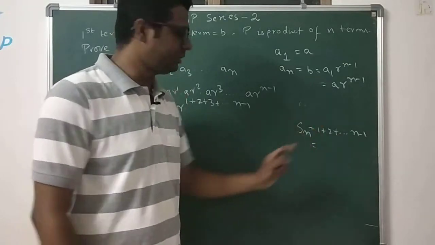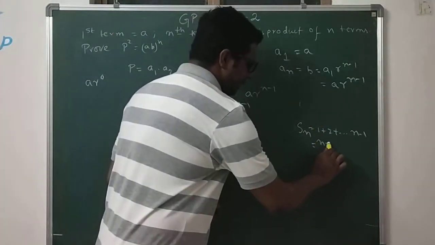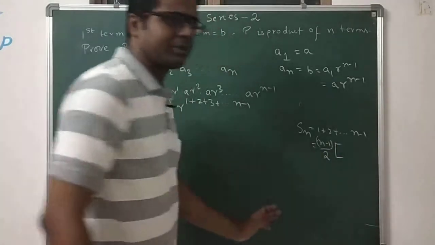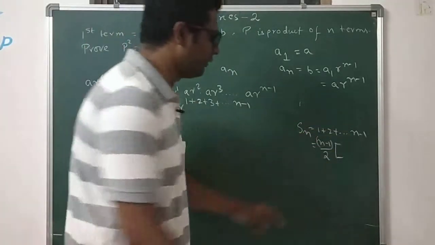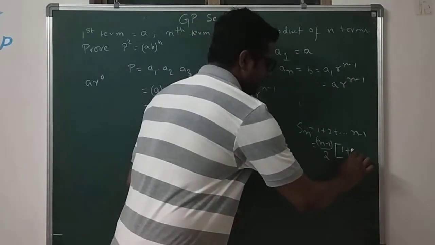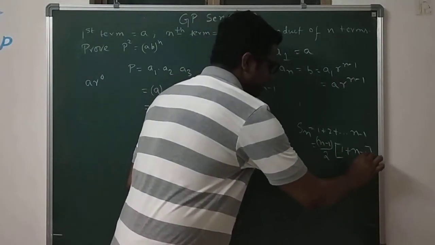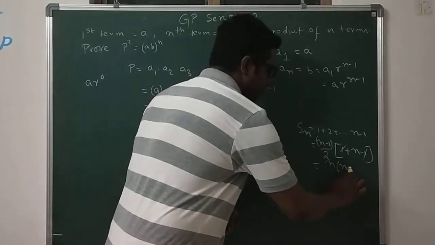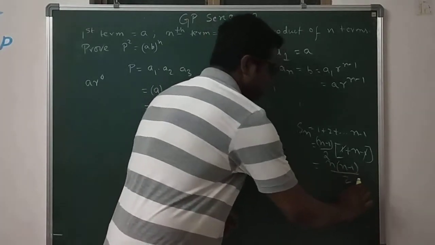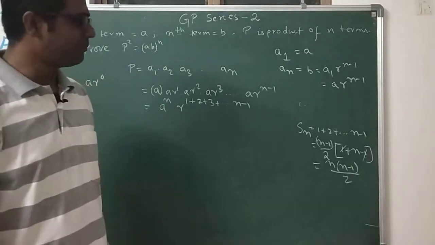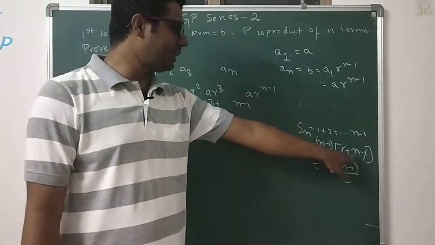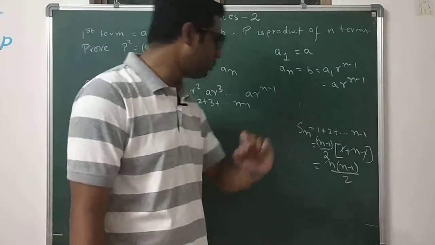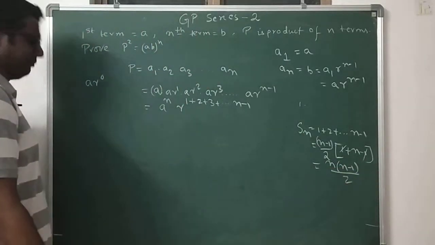N minus 1. So I will write n minus 1 by 2, times first term plus last term. I know both the terms over here: 1 plus n minus 1. 1 will cancel out, so I will be left with n into n minus 1 divided by 2. Did you get it? N minus 1, and here remaining is n, so I have written n into n minus 1 divided by 2.